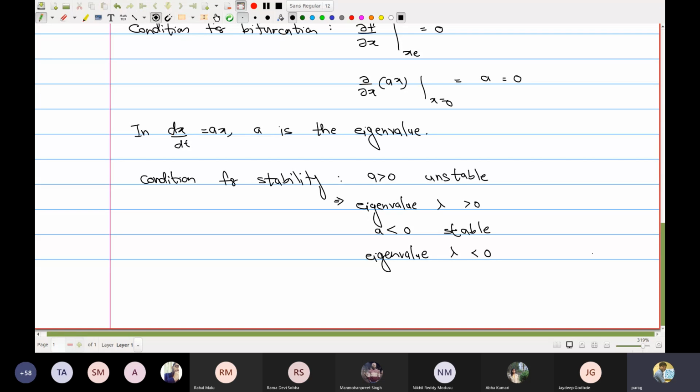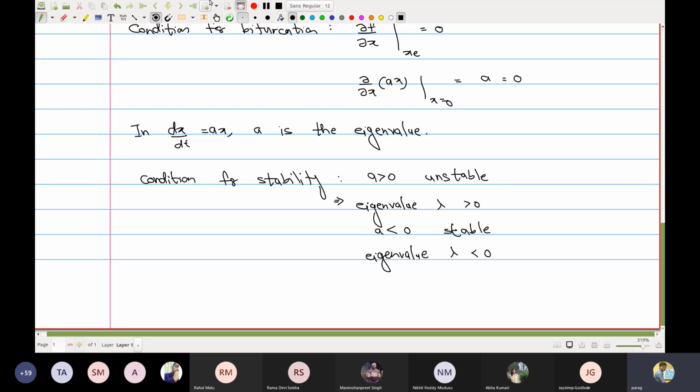So the system is stable. So what exactly is the meaning of bifurcation? The meaning of bifurcation is that at bifurcation, the system goes from unstable to stable or stable to unstable, and the eigenvalue becomes 0. Right? So this is what we can easily conclude for a linear system.